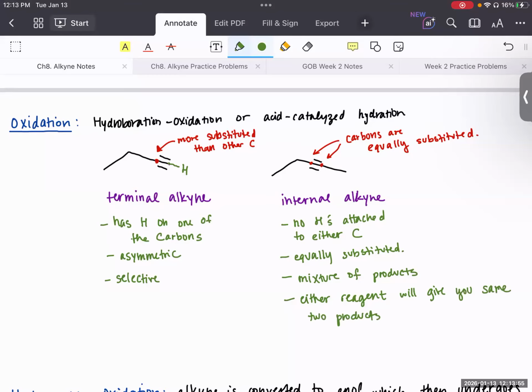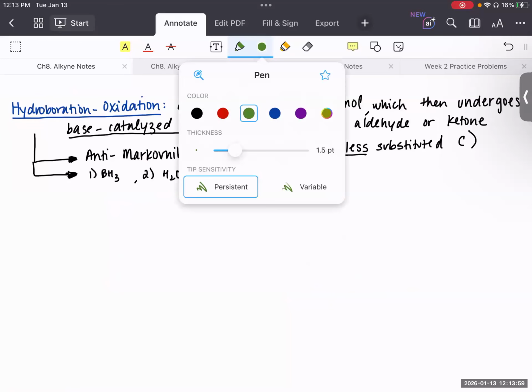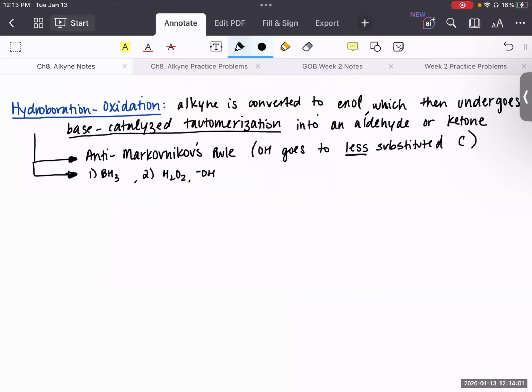All right, so let's start off with hydroboration oxidation. This is kind of a review of the alkene oxidation, in that we're going to follow anti-Markovnikov's rule.